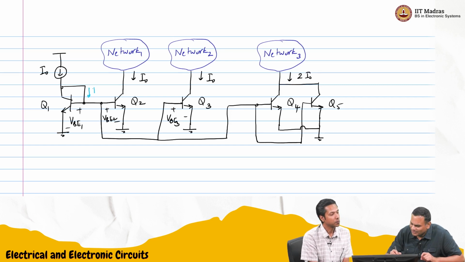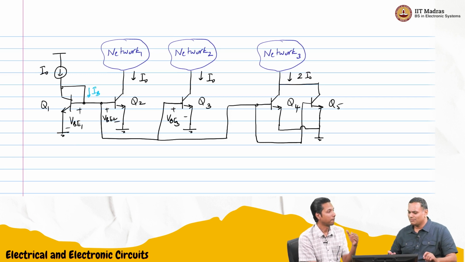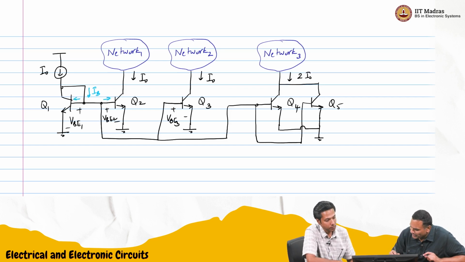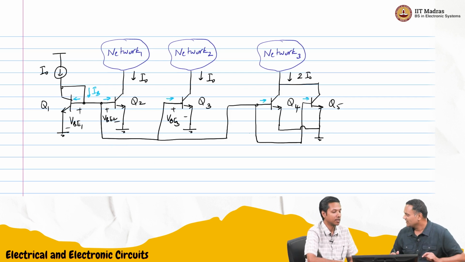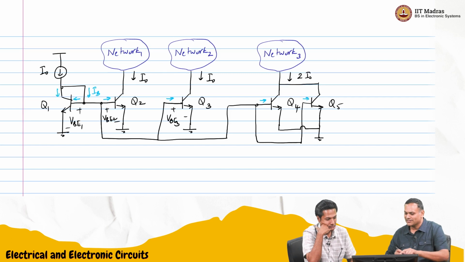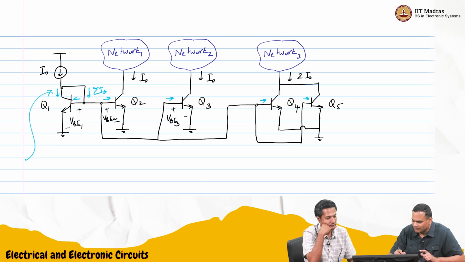But if you have many of them, now you need IB1, IB2, IB3, IB4, IB5. If you do this too many times, all of that current is actually coming from here. So I0 minus sigma IB is what will flow. That is what will create VBE. You will have an error.